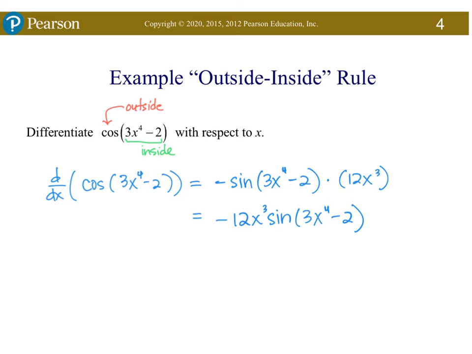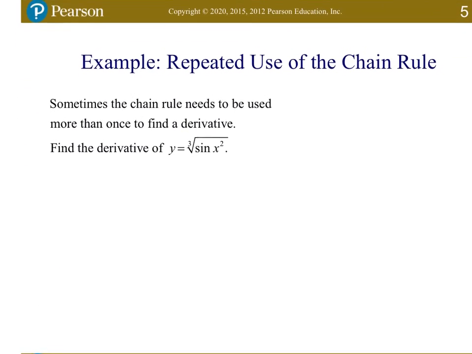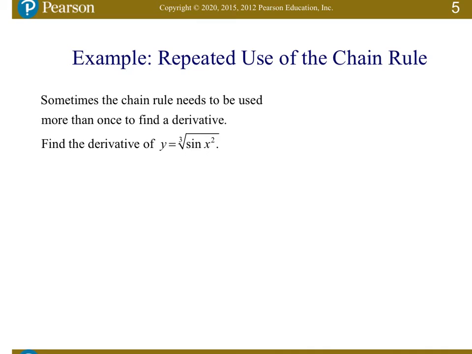So this should be familiar with what you did last year. It seems like a simple thing, but I can't tell you how many times it was, oh, you forgot the chain rule, you forgot the chain rule. So it creeps up even though it's an easy process, we just often forget it. The chain rule can be used multiple times.